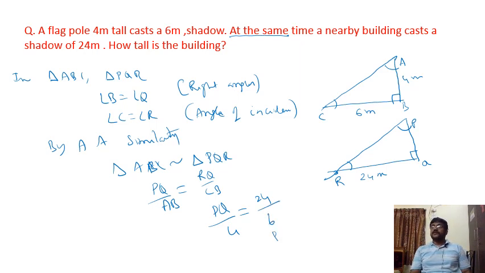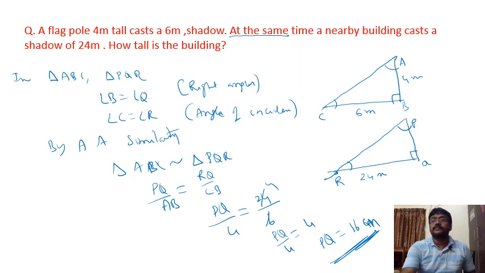So PQ by 4 is equal to 4, because it's 6 fours. Therefore PQ, that is the building's original height, is 16 meters. Look at the units, it's 16 meters. Thus you can answer this question, right?